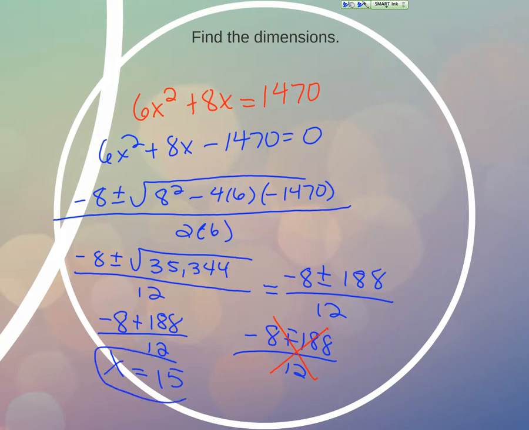So x equals 15, but remember that we do want the dimensions. So if x is 15, that means the length and the width are going to be 15. But how big is the height then? Very good. Because it was x plus 2, 2 centimeters longer than that side length. I probably should have centimeters in here.